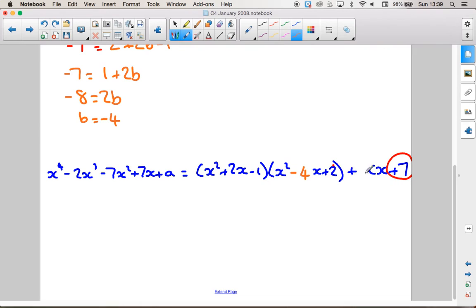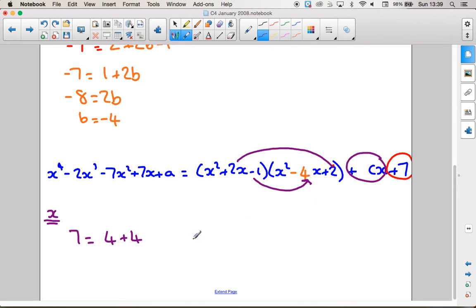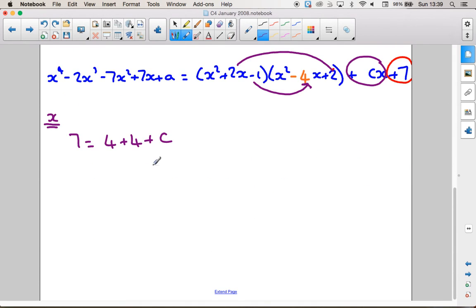And I'm now going to compare coefficients of x so that I can work out what c is. So for my x, I've got a positive 7 on the left. And how can I get an x on the right? I can get an x by doing my 2x times 2, so that's 4, or my minus 1 times minus 4x, which is plus 4, or by this plus cx here, right at the end. So that's 7 equals 8, add c, and therefore c is negative 1.